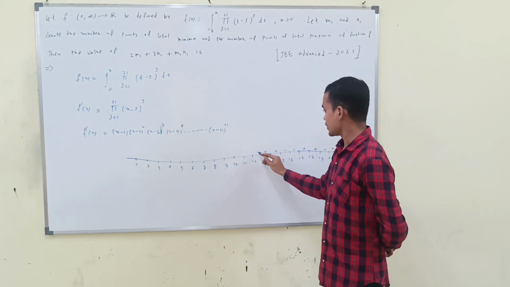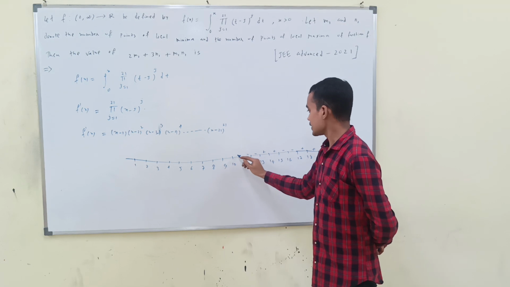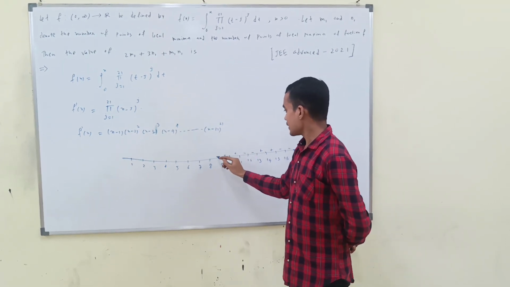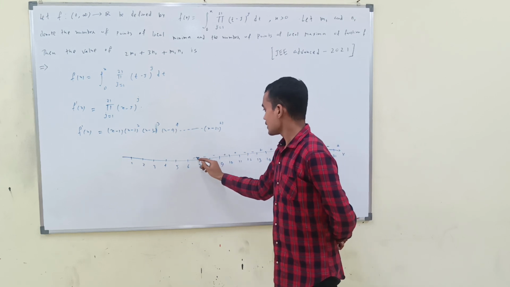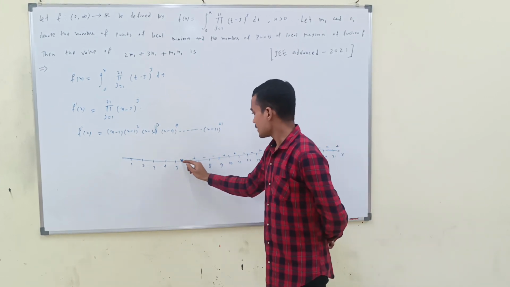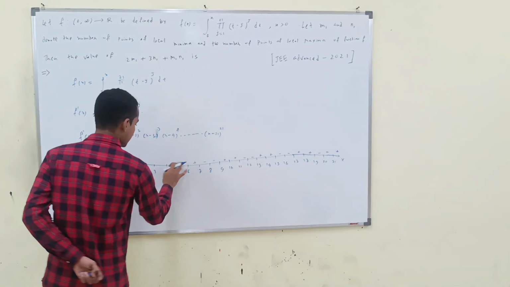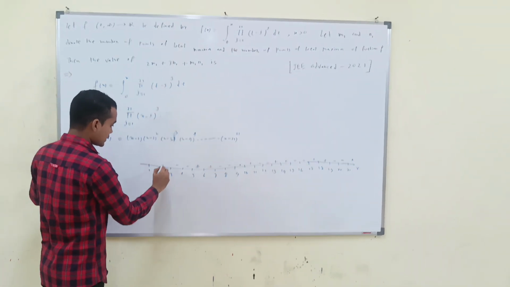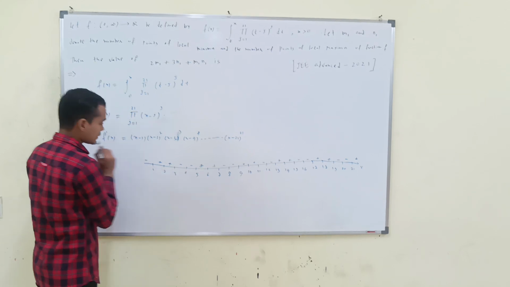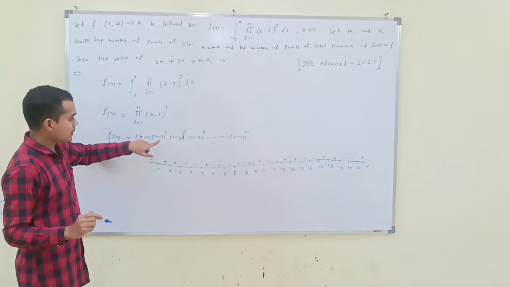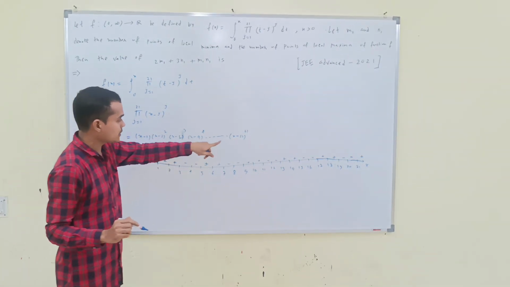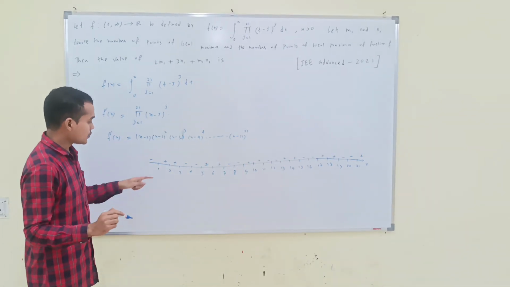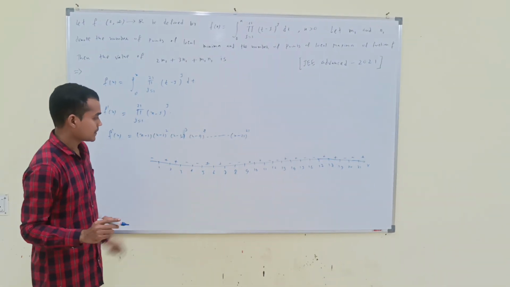You can write it this way: 13 sign change, and so on, plus, minus, plus, plus, minus, plus, minus. That means all the even terms, 2, 4, 6, and so on, whose power is also even, do not change sign.